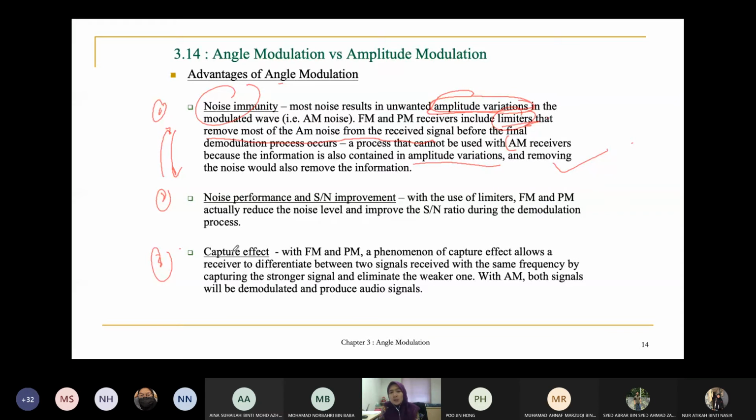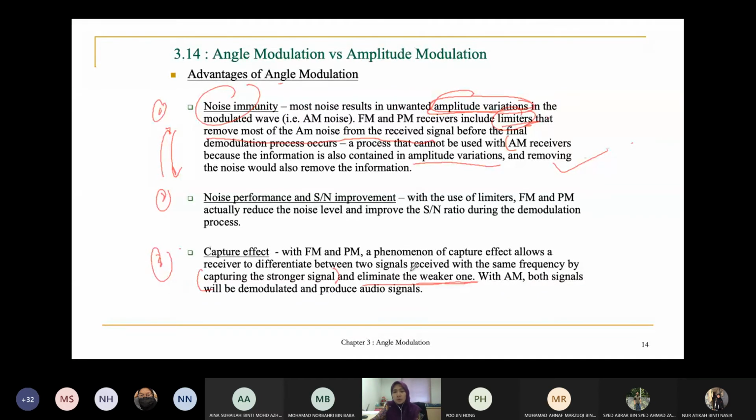The third one is the capture effect. In angle modulation, whether it is FM or PM, we have the phenomenon of capture effect. What is capture effect? It allows the receiver to differentiate between two signals received with the same frequency by capturing the stronger signal and eliminating the weaker one.